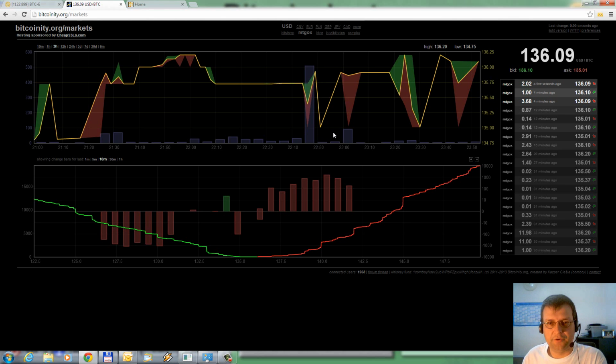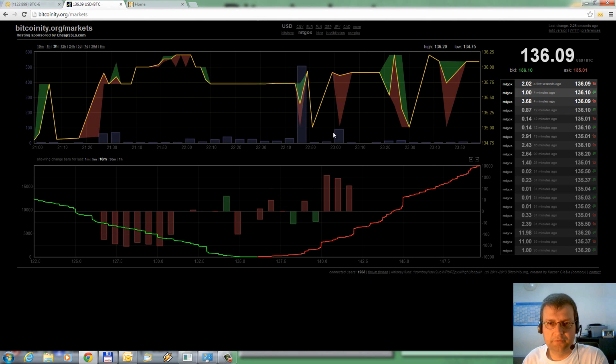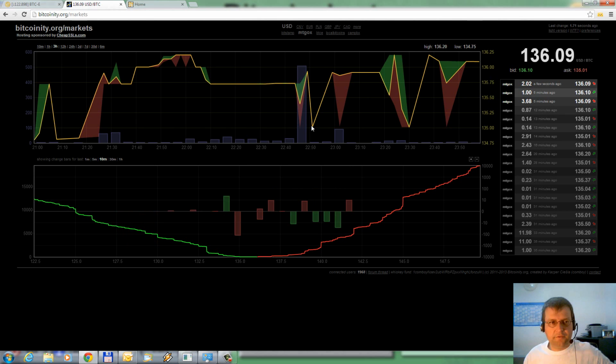Usually, if you have such a huge trading amount, the price will drop or rise, depending. Here the price dropped, so I believe most of these 500 Bitcoins were sold during this price drop. Okay, I guess this is all you need to know about the upper chart.